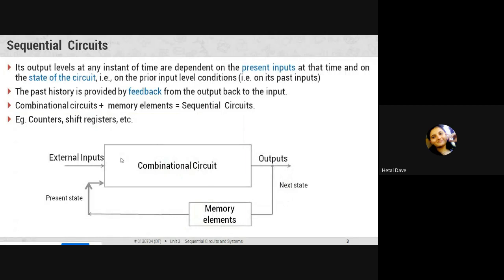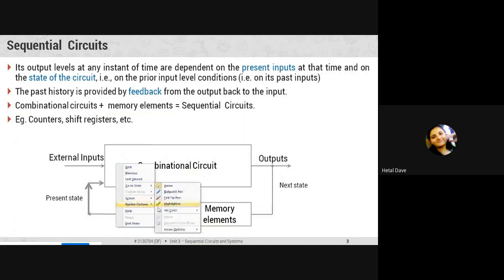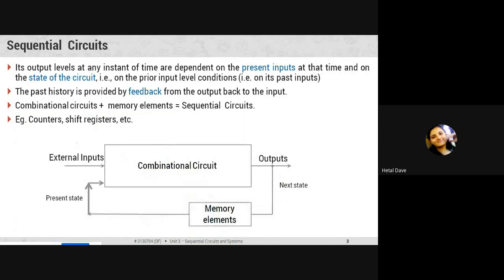Whenever the clock is started, let's say the external input is 0. Whenever this 0 is given, previously in this combinational circuit it was 1, so it was stored here.